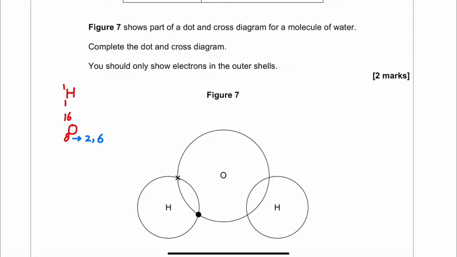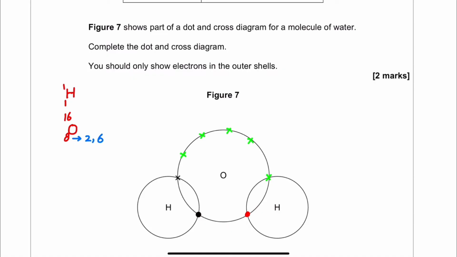If we consider here, the hydrogen electron is represented by a dot, so it means we need to put 6 electrons in the outermost shell of oxygen. We have 1 here, then we have 2, 3, 4, 5 and 6. Now we count the number of electrons in the outermost shells after sharing of the electrons.